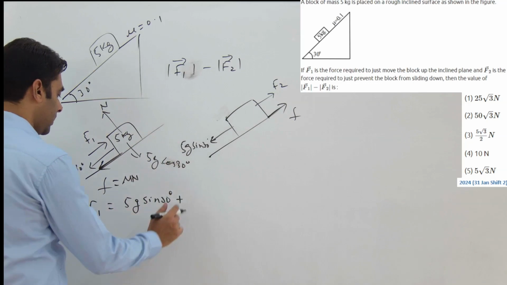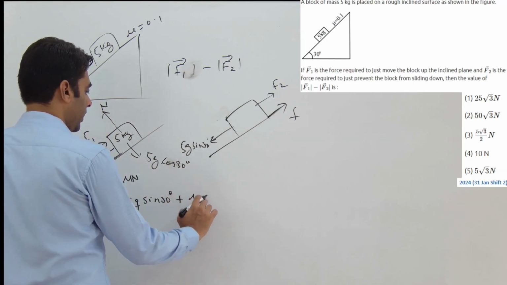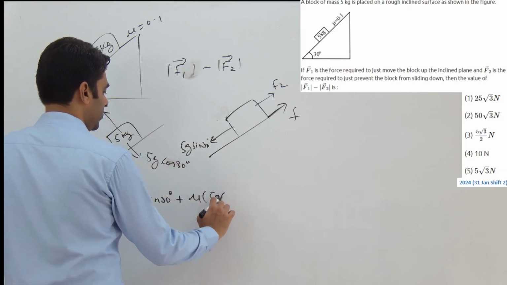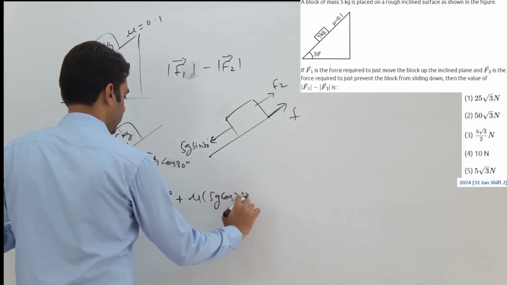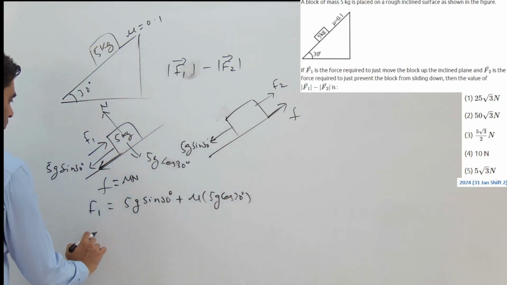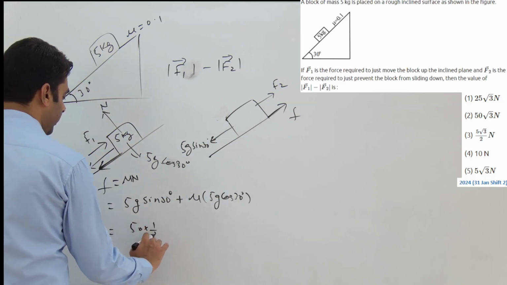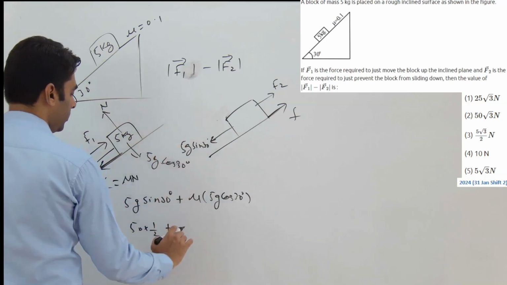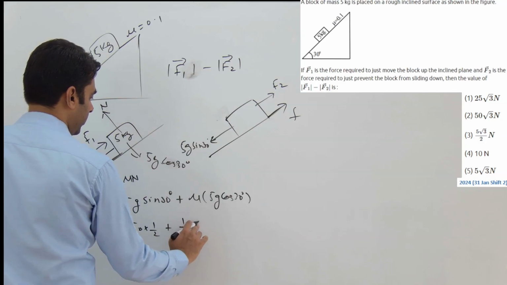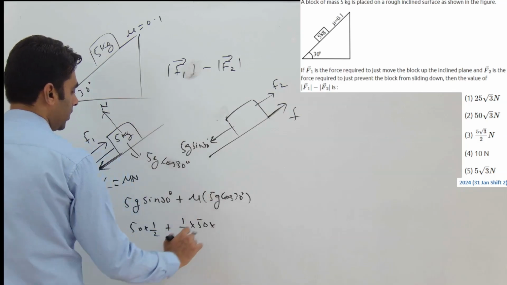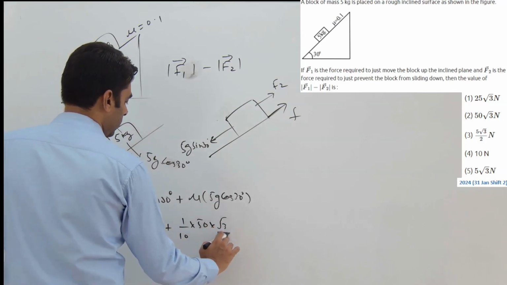So friction will be mu into 5g cos 30. Fine, this is F1. Let us solve it. F1 is equal to 50 into sin 30, which is 1 by 2, plus mu value 0.1, that is 1 by 10, into 50 into cos 30, which is root 3 by 2.